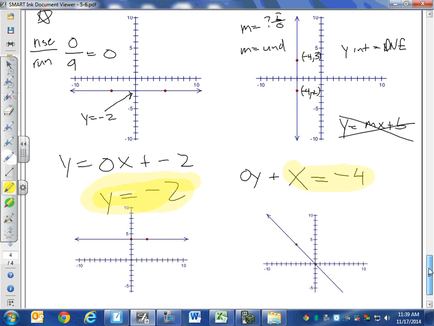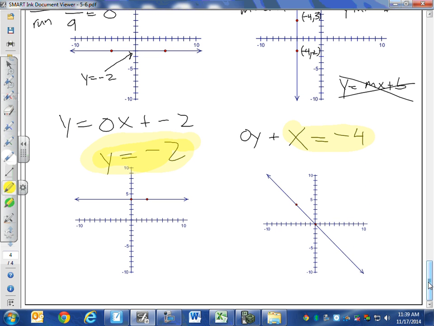Don't worry. It's the first time you've seen lines like that. Do the next two. Simplify your equations all the way. Good.